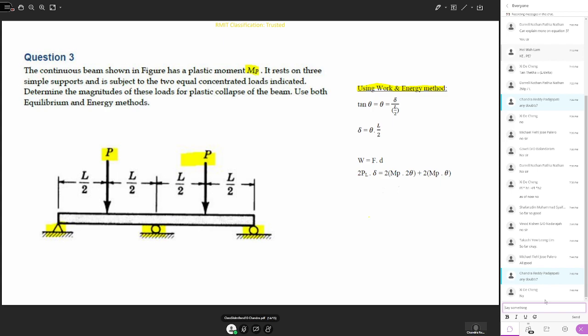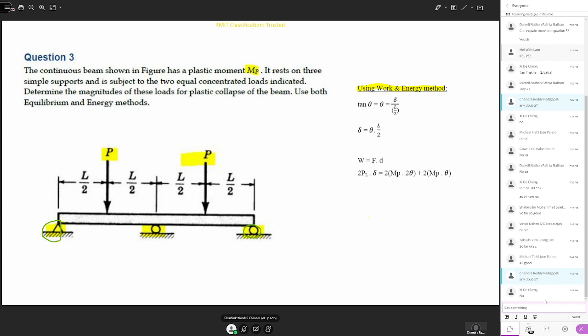So in this question, there are 2 loads P acting. The geometry is shown. The beam is supported at point A, let us say you have 3 supports here. One is the pin joint here, then this is a roller support, and this is also a roller support.